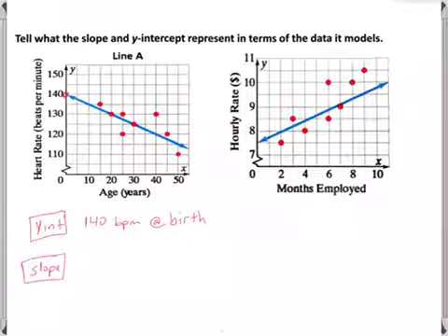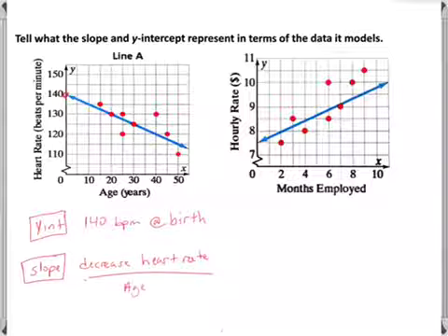The slope for this line is representing the change in your heart rate over your age. So in this case, it's a decrease in heart rate over your age in years. So as you get older, your heart rate decreases.